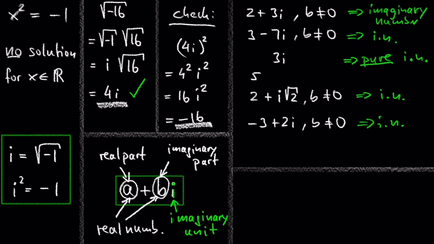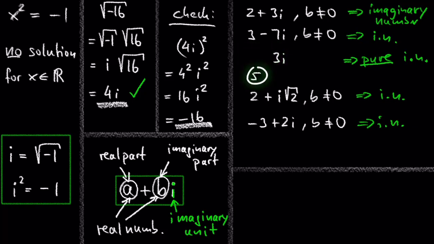So again, a, the real part is 2 in this example, and b, the imaginary part is 3. In this example, a, the real part is 0, and b, the imaginary part is 3.